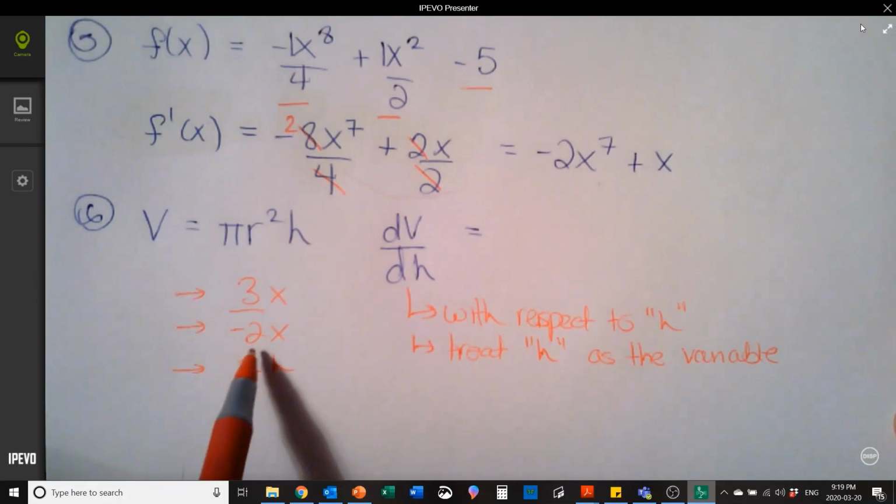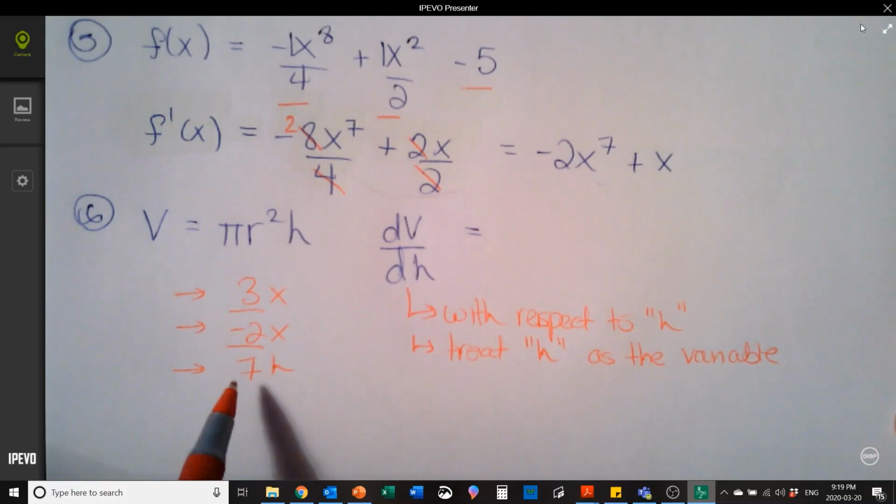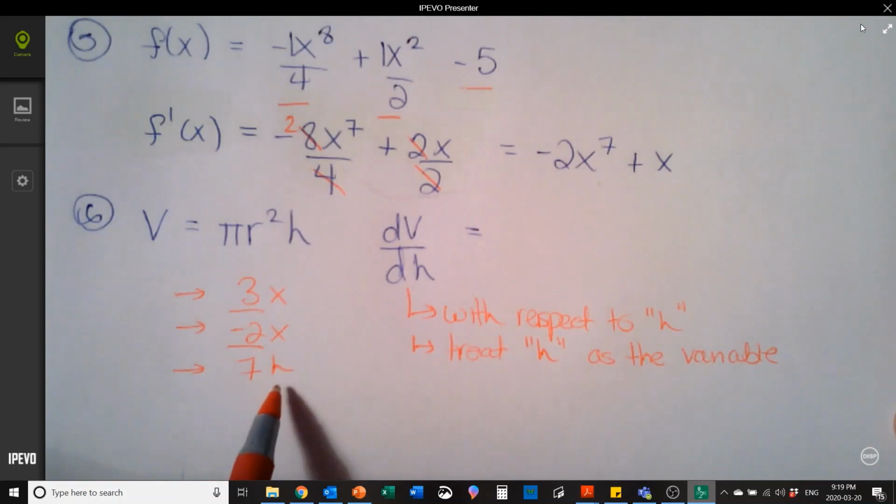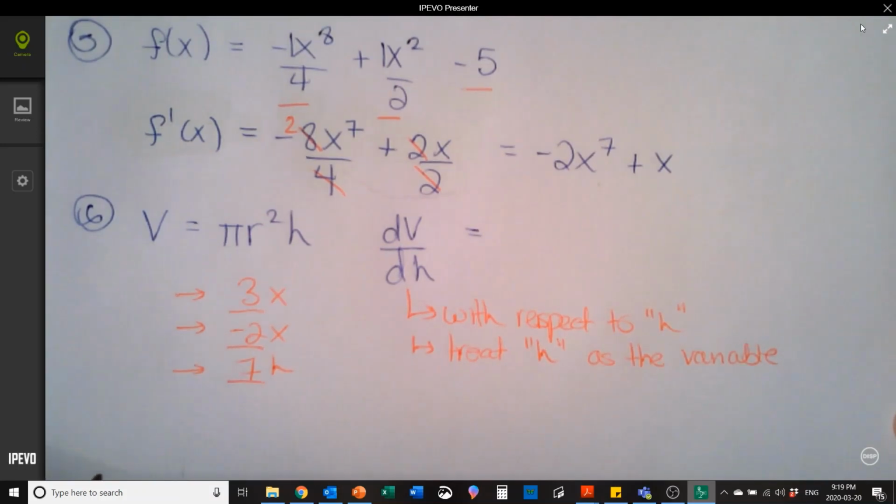If I was doing negative 2x and I wanted the derivative with respect to x, it was minus 2, because that's the coefficient out front. And 7h, with respect to h, would be 7, because that's the part out front that's not the variable.